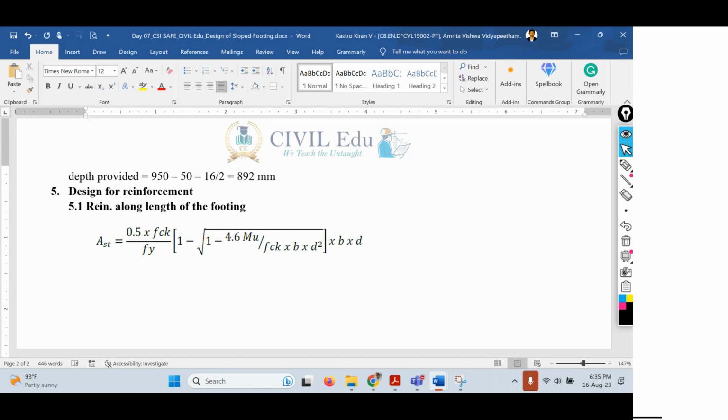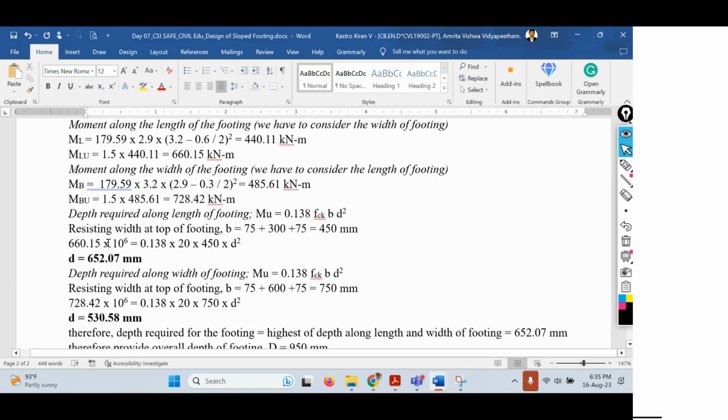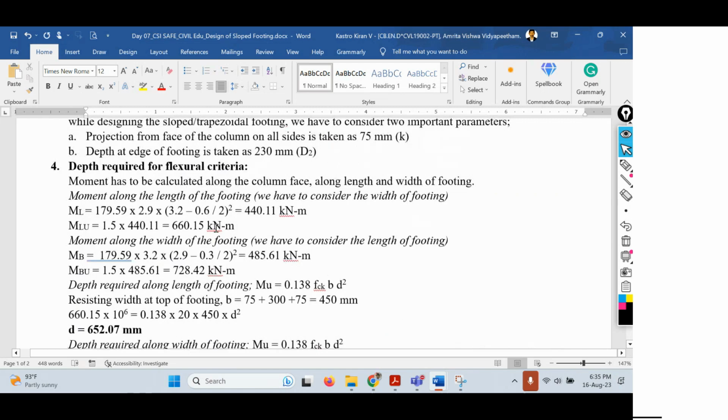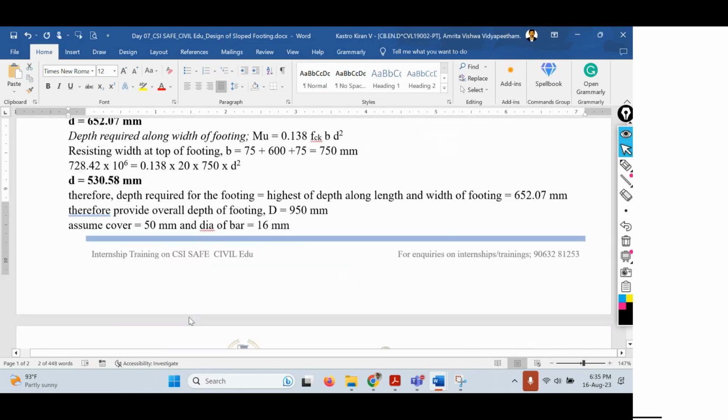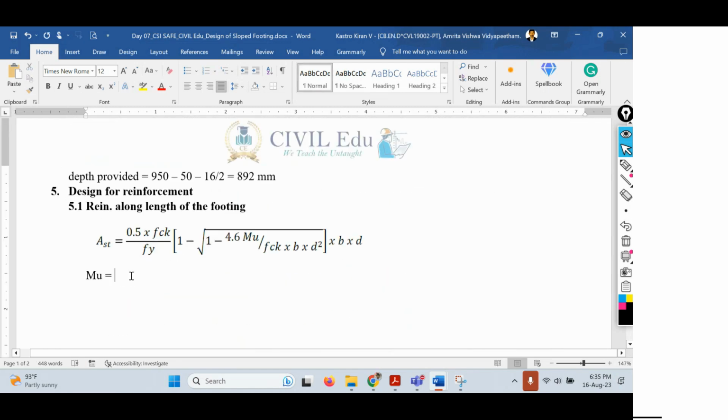So here, since we are finding out the reinforcement along the length direction, the value of Mu will be the moment along length direction. So what is moment along length direction? It is 660.15. Okay, moment along length equals to 660.15 into 10 power 6. Right. So that is moment along length direction.